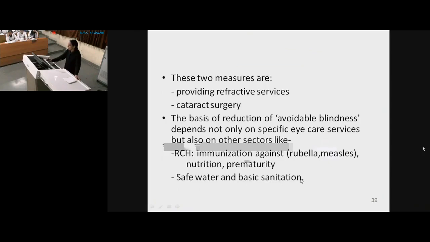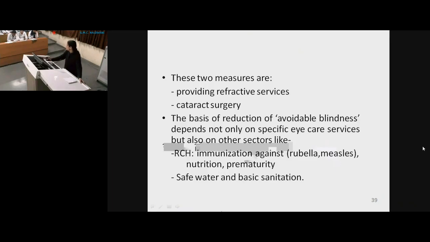The basis of reduction of avoidable blindness depends not only on specific eye care services but also on other sectors like RCH. What is RCH? Reproductive child health. So here if you provide immunization against rubella, measles, right? We give it, along with MR what are we giving? Vitamin A. So that is important to reduce blindness in childhood. Then nutrition.